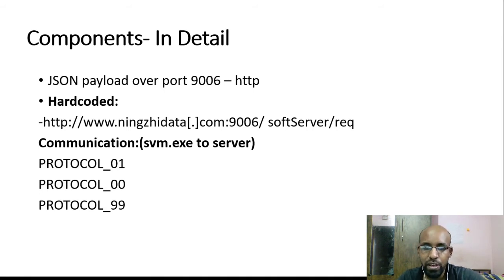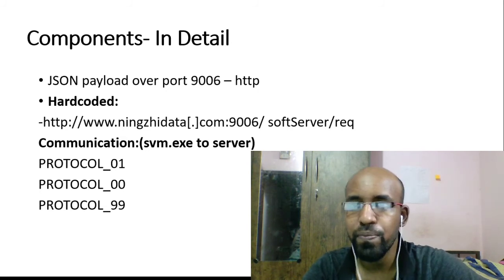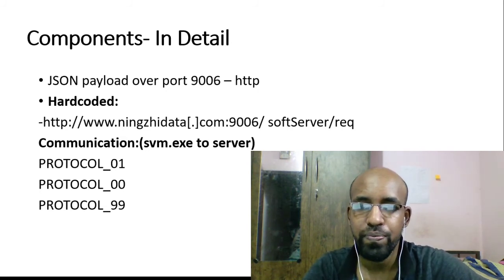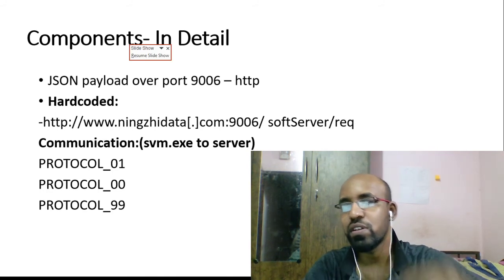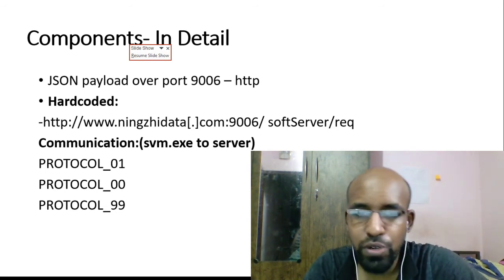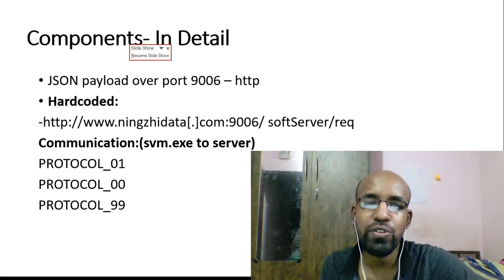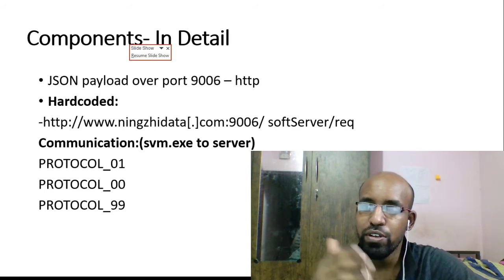It is observed that there are some commands they are using, namely protocol 00, protocol 01, or protocol 99. So what they are trying to say is, in protocol 01, SVM is sending the host information, like the date, version, and all this stuff, to the server.